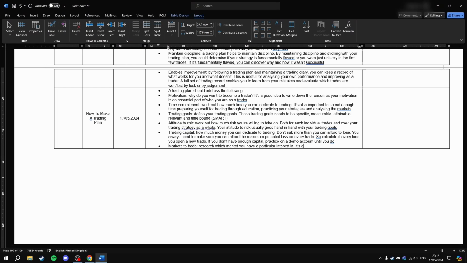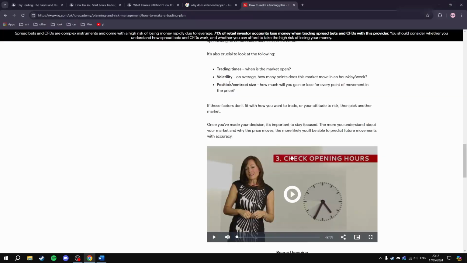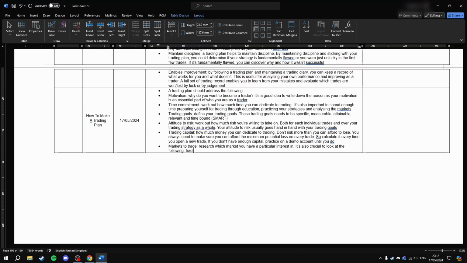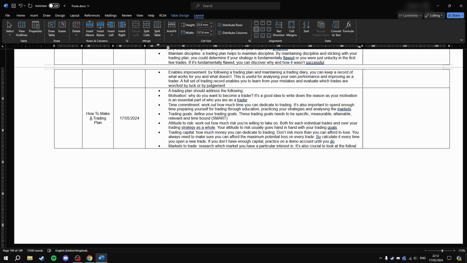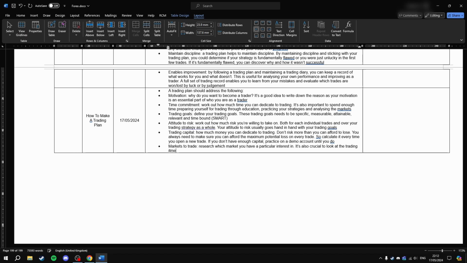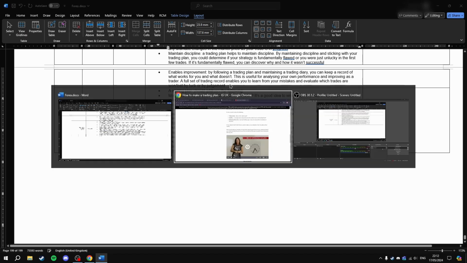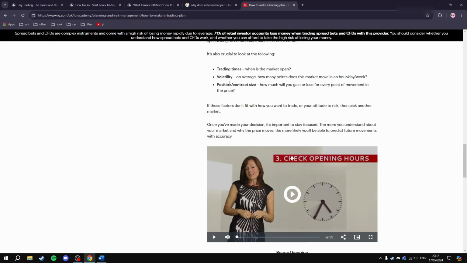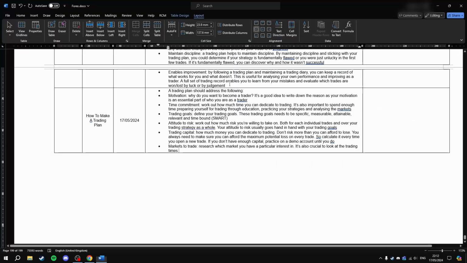It's also crucial to look at the following. Look at the trading times: when is the market open?